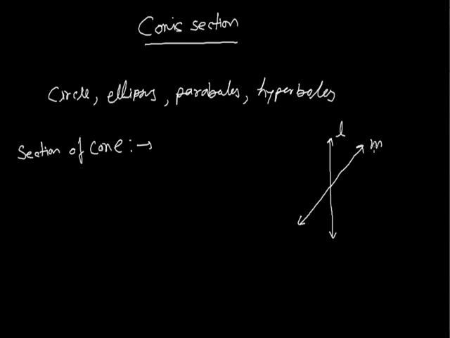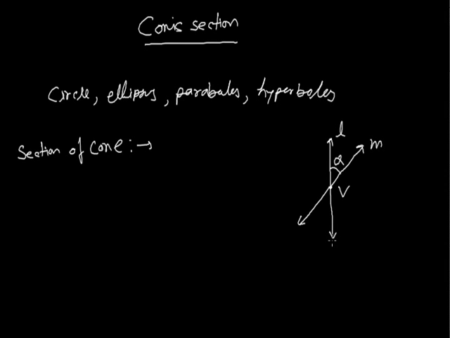Suppose this line is line M, and line M makes an angle alpha with line L. So let L be a fixed line and line M intersects it at point V, at an angle alpha. If we rotate the line M around the line L, in which alpha is constant, the surface generated is a double napped right circular hollow cone.